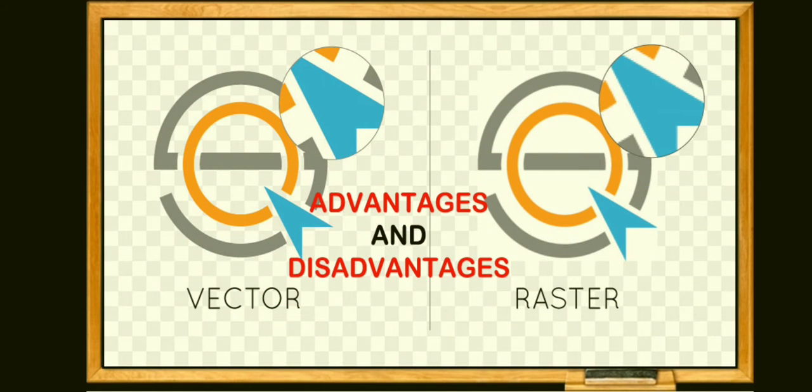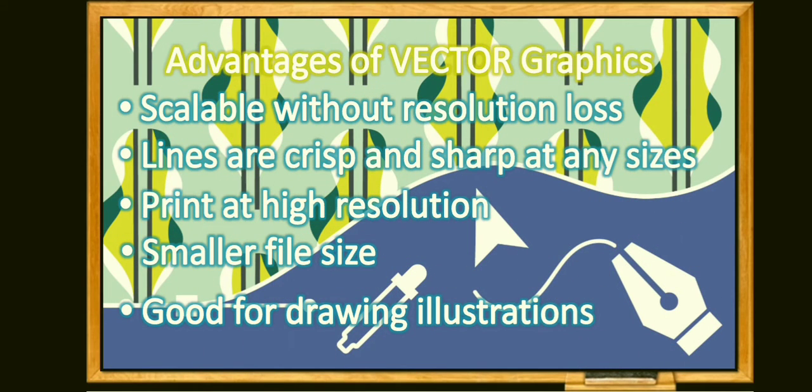Now, what are the advantages and disadvantages of vector and raster? The advantages of vector graphics: number one, it is scalable without resolution loss. Next, the lines are crisp and sharp at any size. It is good for print and high resolution, has a smaller file size, and is also good for drawing illustrations.